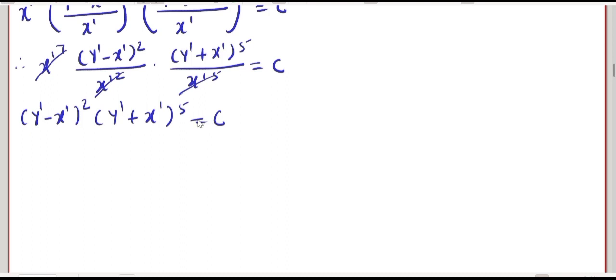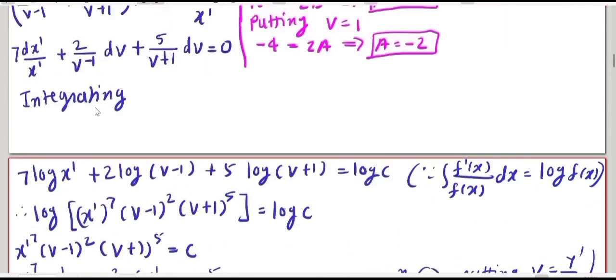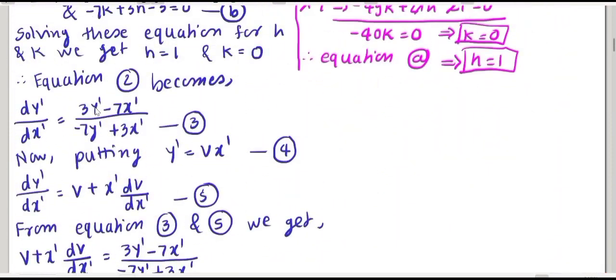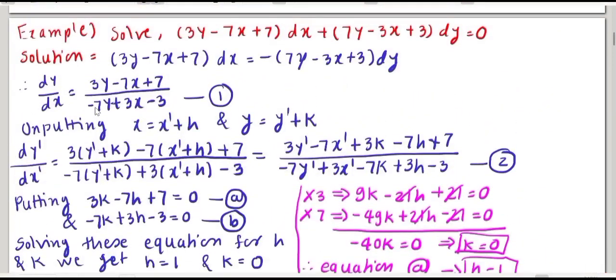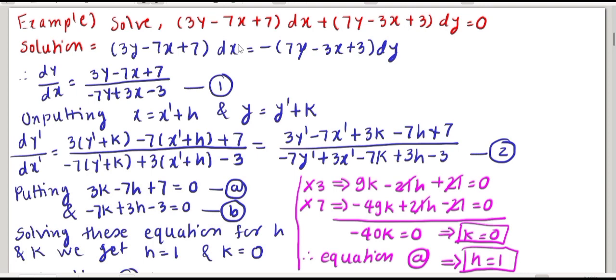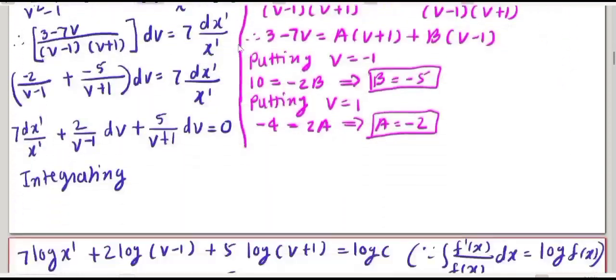Now putting the values of y' and x' in terms of y and x, since our original equation is in x and y, we must give the solution in the form of x and y.